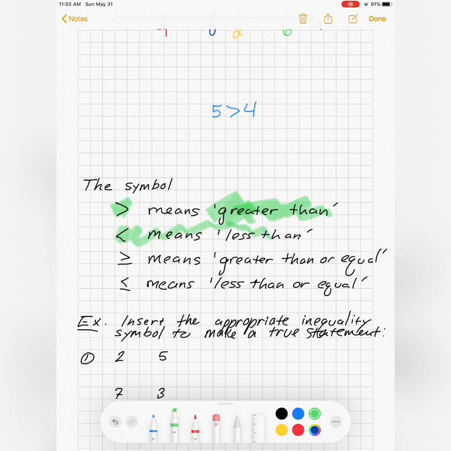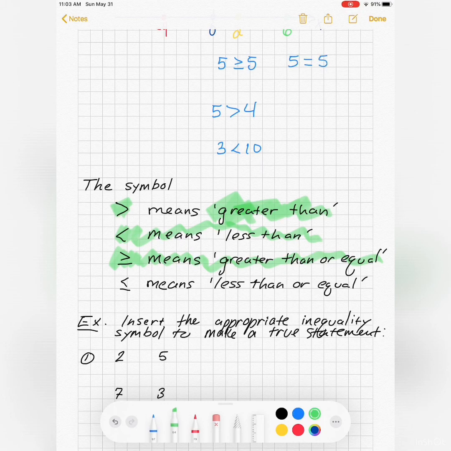And this guy means less than, so I would say like 3 is less than 10. Okay. This guy means greater than or equal. Okay, like, so I mean, I guess I could even use that symbol. I could say 5 is greater than or equal to 5, because actually 5 is equal to 5.